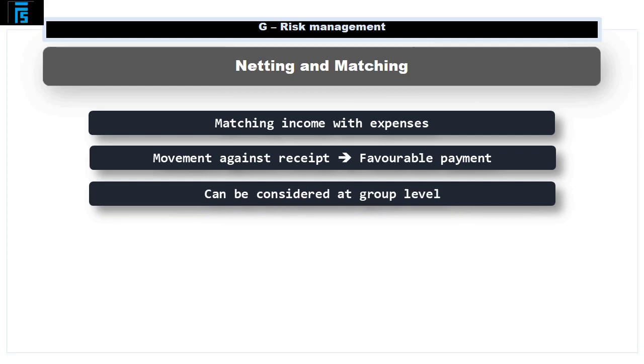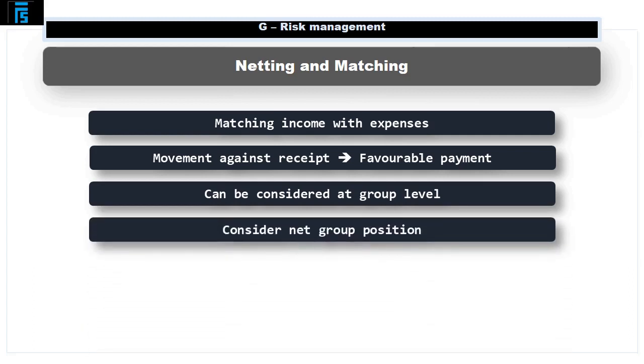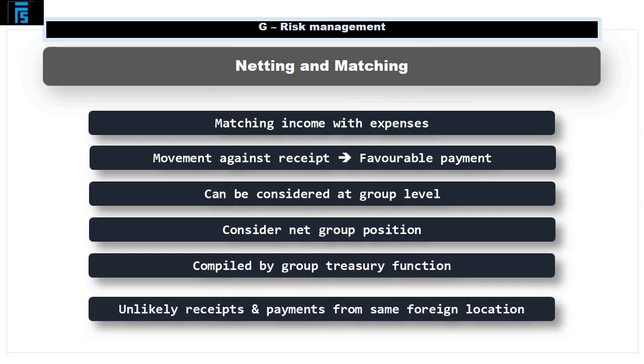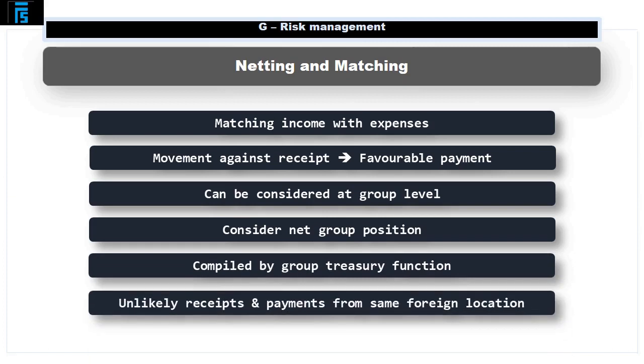One subsidiary could export to Europe and another subsidiary could import from Europe, and even though they are each individually exposed, only the net group position needs to be considered. This overall view can be compiled by a group treasury function. This is convenient if possible. However, having receipts and payments relating to the same foreign location may be unlikely.